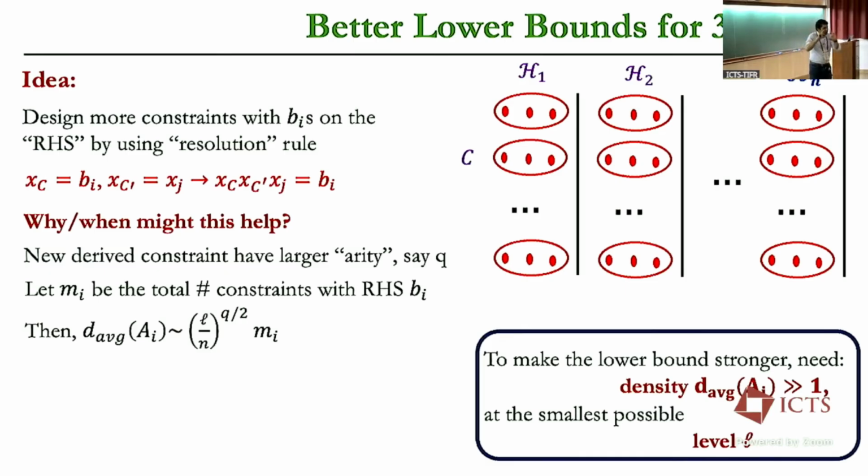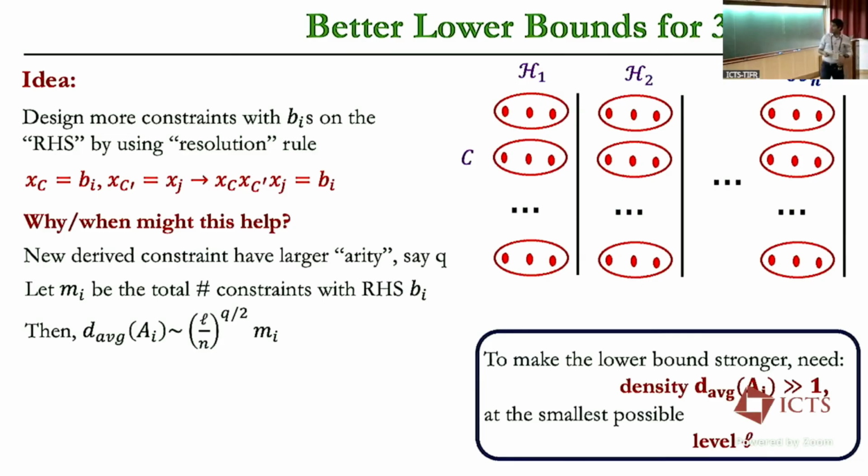The N over 4 is replaced by m_i because there are m_i constraints with b_i as the right-hand side. And the L squared over N squared was really (L over N) to the Q over 2, where Q was 4. So if the arity of this new constraint is Q, then the average degree is going to look like (L over N) to the Q over 2 times m_i. This is the exact same computation, we just did it with this.